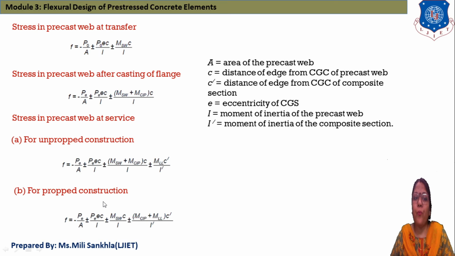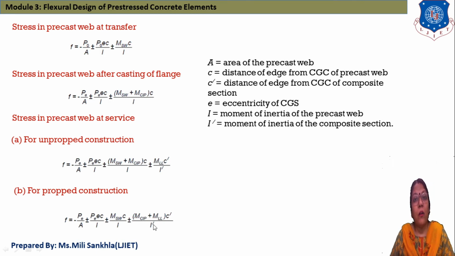Now for propped construction, stress is equal to minus Pe by A plus Pe into eccentricity into C divided by I, plus or minus M_SW C divided by I, plus or minus summation of M_CIP plus live load into C dash by I dash.